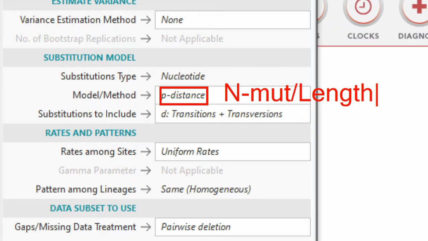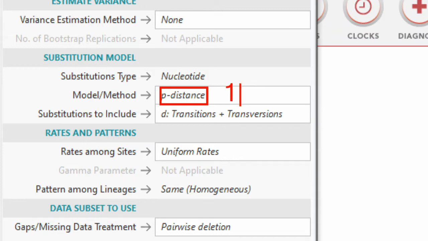As simple as that. For example, if we have one nucleotide substituted in one sequence in comparison to another sequence, we get 1, and since the length is 10, the result will be 0.1. If there are 2 substitutions, we get 0.2 as the p-distance.